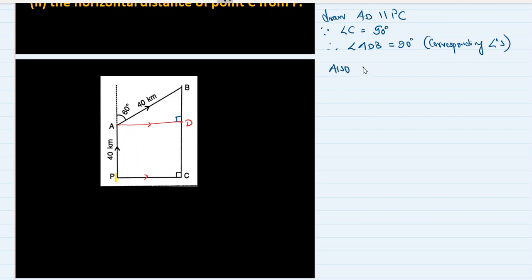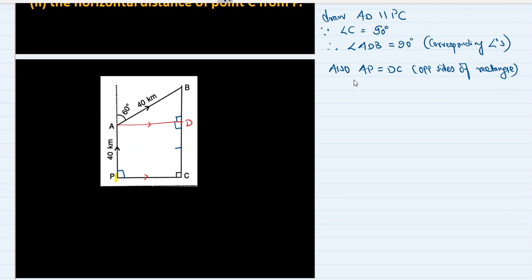Also, AP is equal to DC, opposite sides of a rectangle. AP is equal to DC. See, since this is also 90, this is also 90, this has to be 90. So this becomes a rectangle.